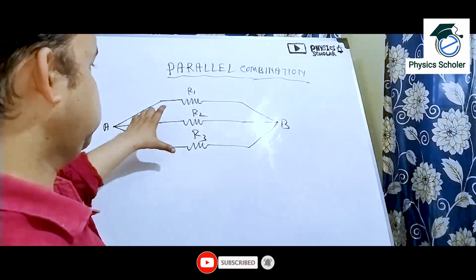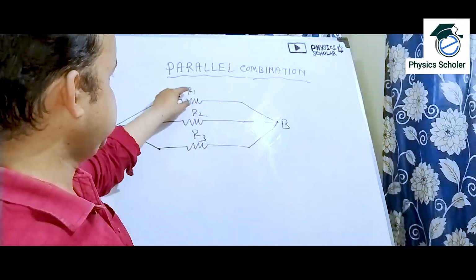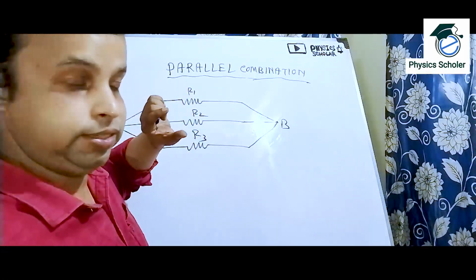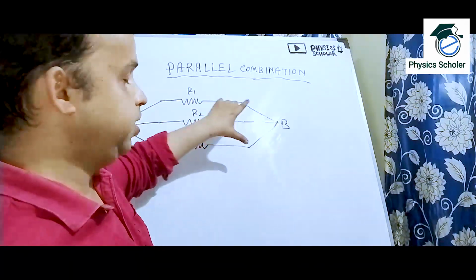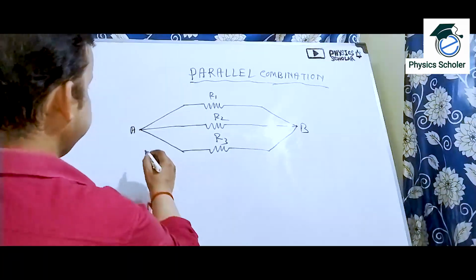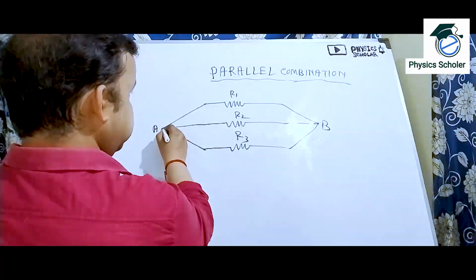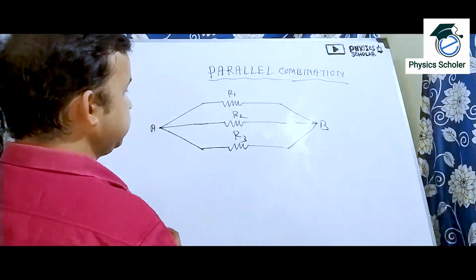Resistances R1, R2 and R3 are there. The one end is connected to one point and the other end is connected to another point. This combination of resistances is known as parallel combination.